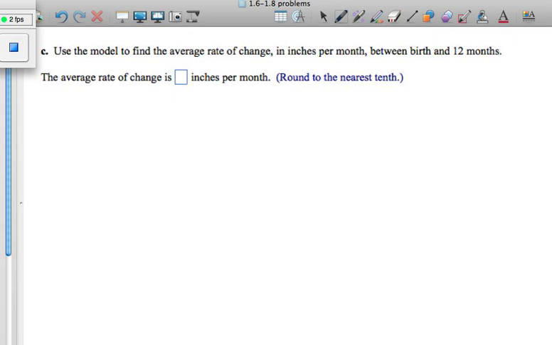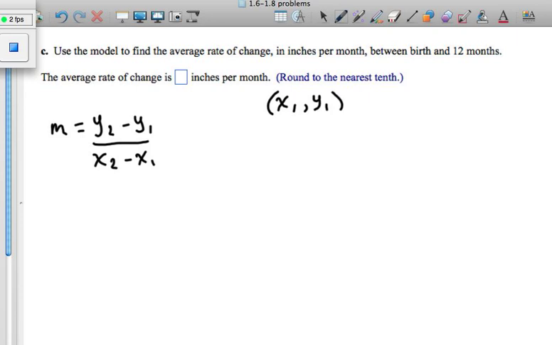Now, if you recall, the slope formula is m equals y2 minus y1 over x2 minus x1. So what we need are an x1 and a y1, and we also need an x2 and a y2.